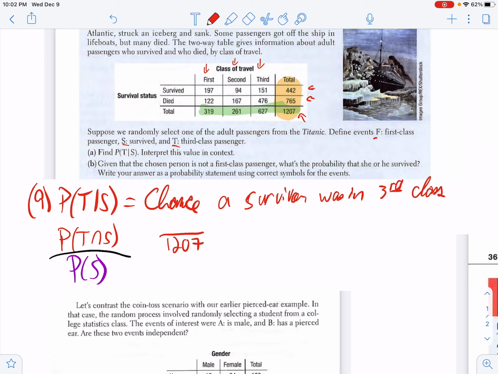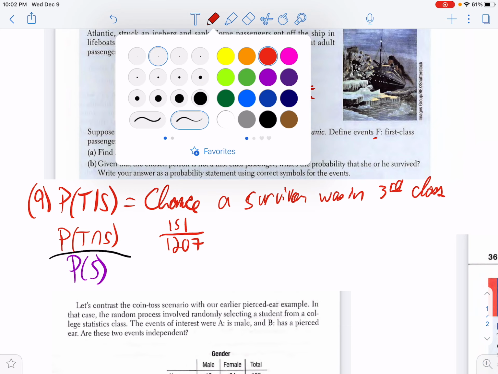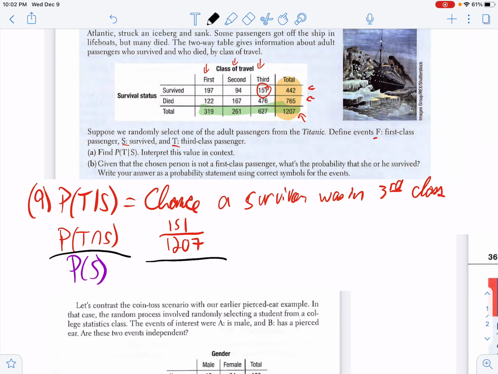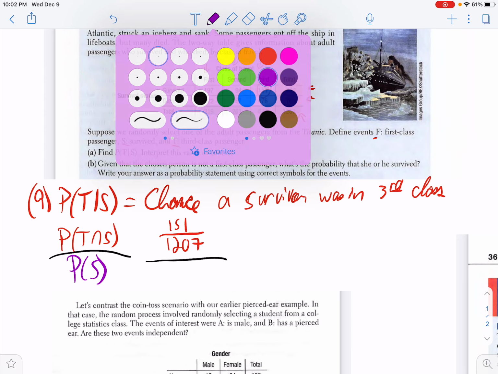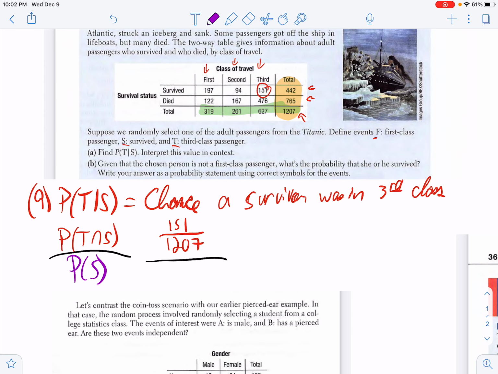And what's the number of people that are in third class and survivors? Well, it's 151. So that's the numerator for our fraction. And the denominator is the probability that you're a survivor. Well, there's 1207 total people, and how many of them are survivors? 442. And if I were to simplify this, we would get 151 over 442.